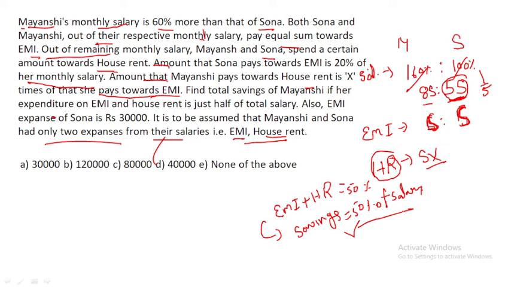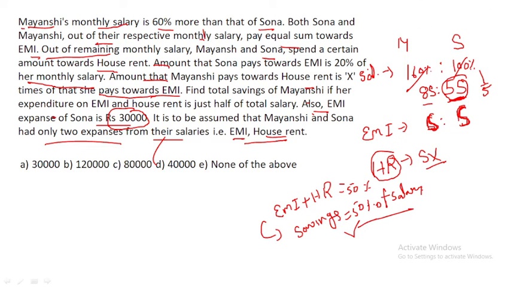Fine. After this, one more data is given: also the EMI expense of Sona. Otherwise we cannot calculate. By the given data, can we calculate the amount? No. We need some amount and it is given, rupees 30,000. That is the expense of Sona on EMI.